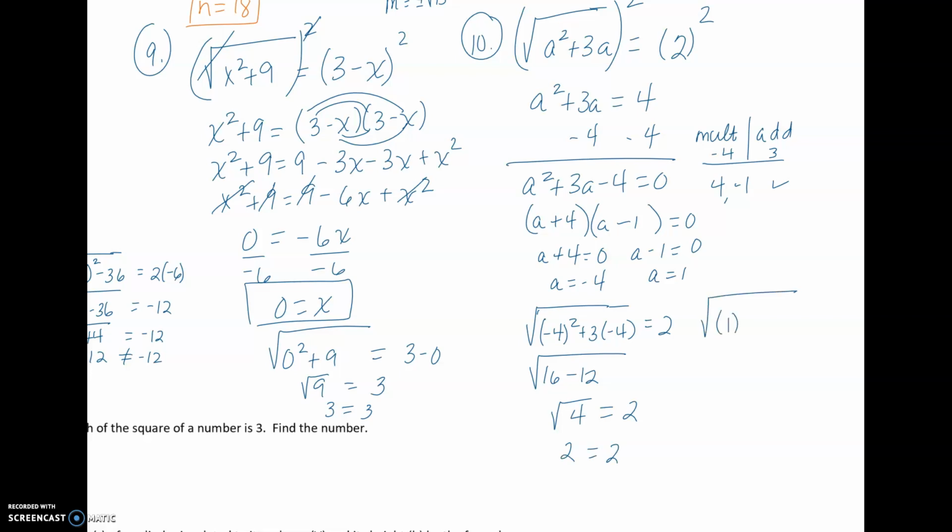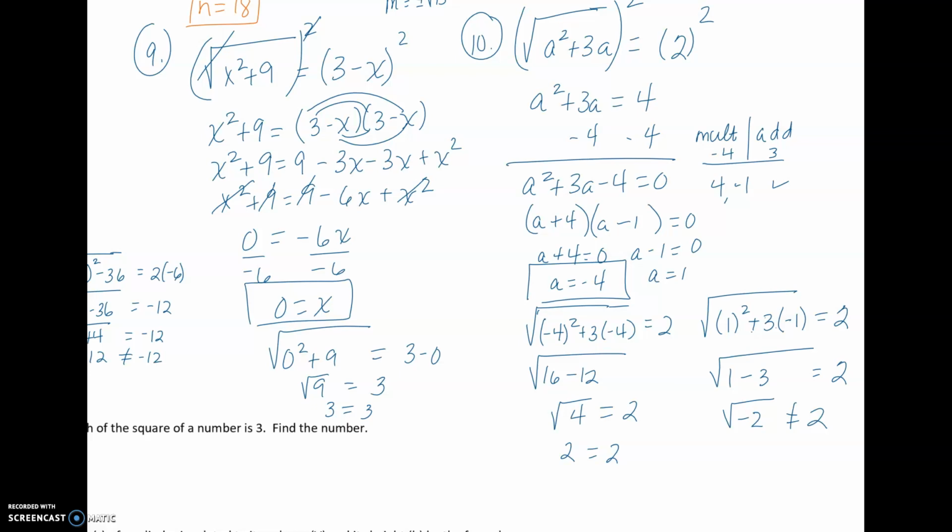This is 1 squared plus 3 times negative 1 equals 2. 1 squared is 1. Plus 3 times negative 1, that's negative 3. Does it equal 2? Well, that's going to give me a negative 2 underneath. So I have the square root of negative 2 equals 2. That's not true.